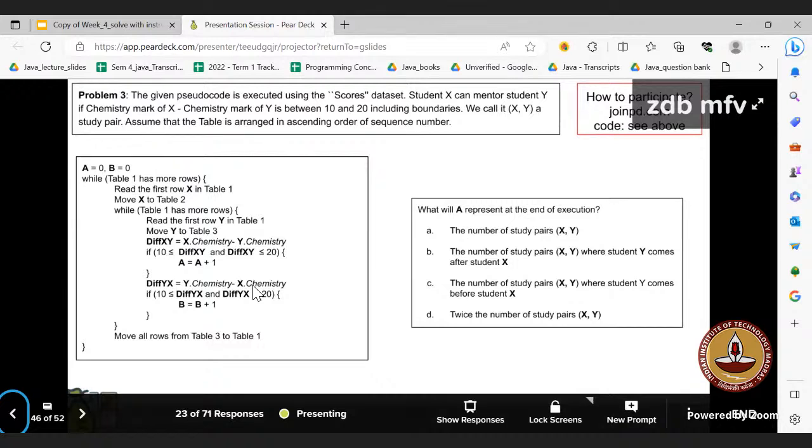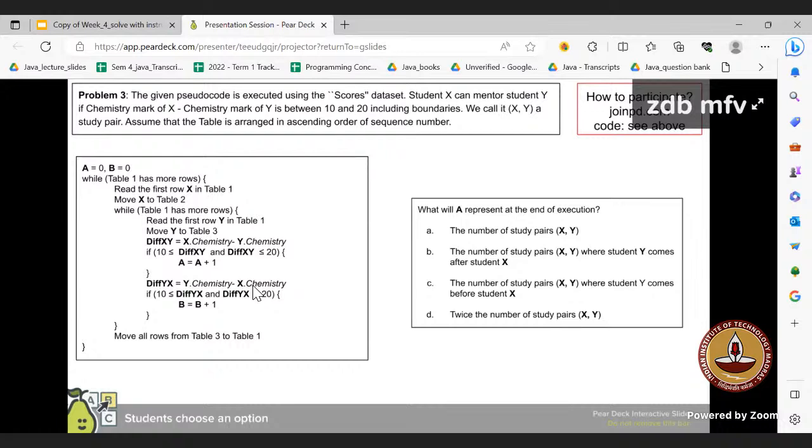To distinguish what is A and B, we are referring to where student y comes after student x. That means student y is after student x. While you are moving cards, student x is first and then student y we are seeing. Then only it will be counted as a pair in A.